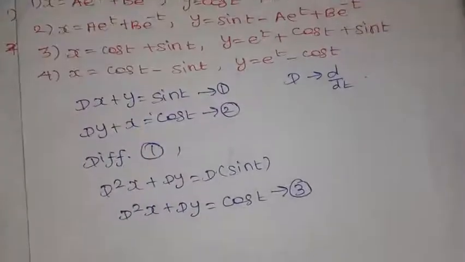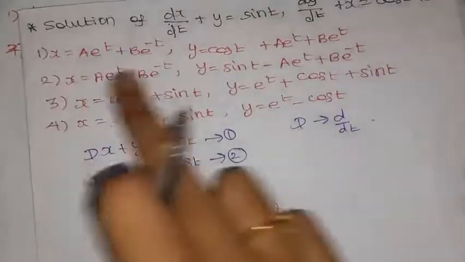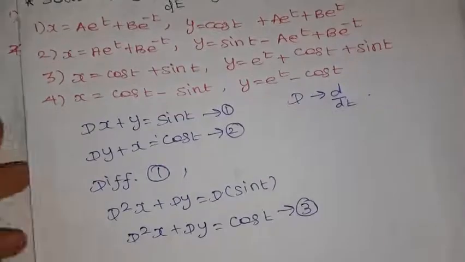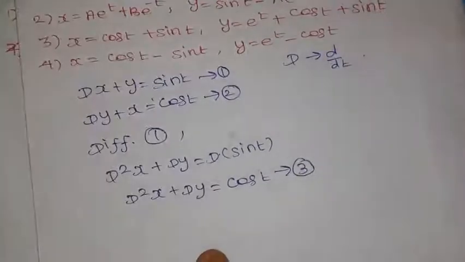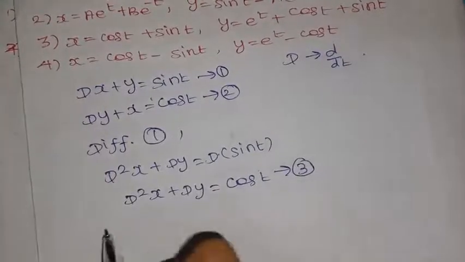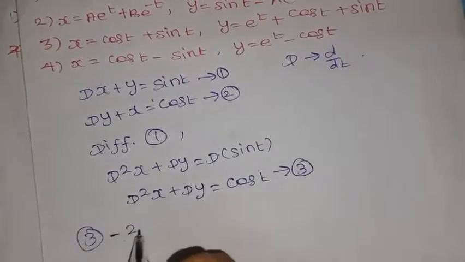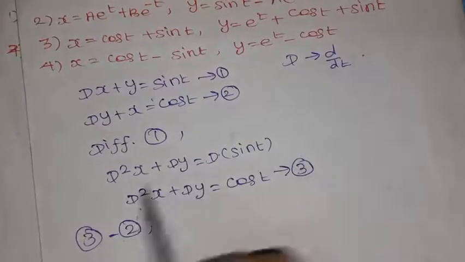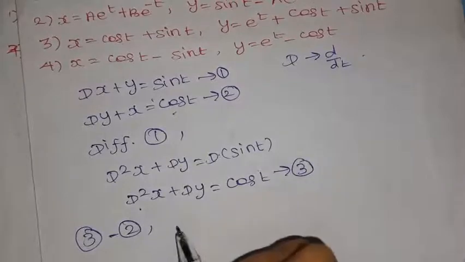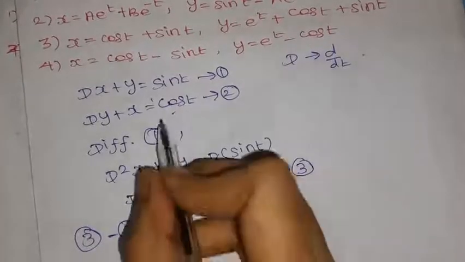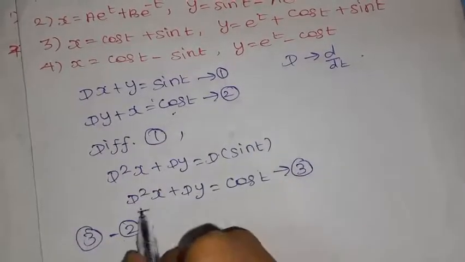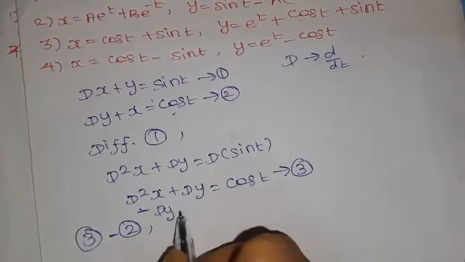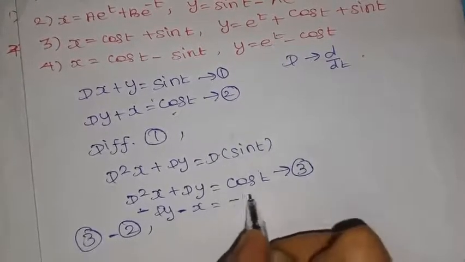Now we need to find out the x and y values from this equation. So 3 minus 2, what will we get? This is 3 and this is 2. 3 minus 2: D squared x plus Dy minus Dy minus x equal to cos t minus cos t.